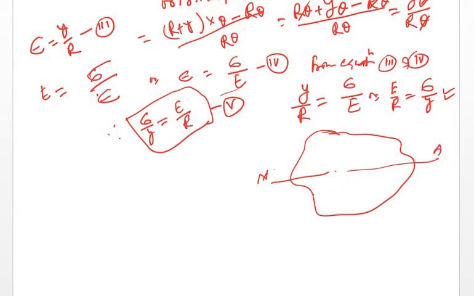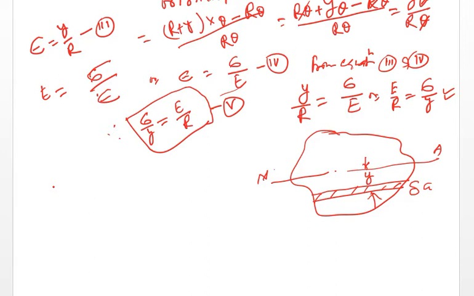Take an elementary strip over here, and the distance of the elementary strip from the neutral axis is y, and the area of this elementary strip is delta A.